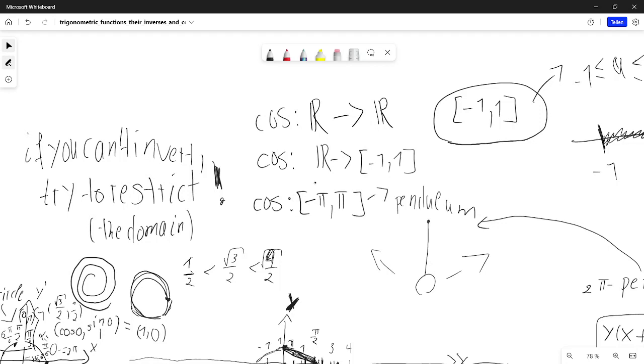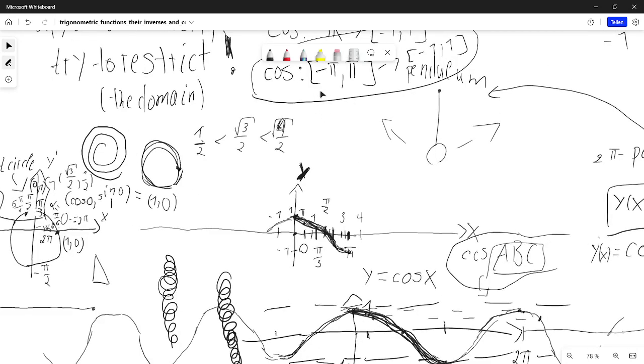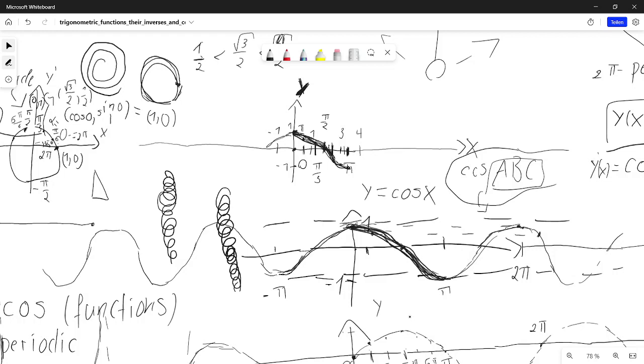And what is this? This is exactly what we wanted. We take only values from here and we assign to them their cosinus, which is exactly in this interval. And this exactly means we have taken out the piece of interest where the function is invertible.